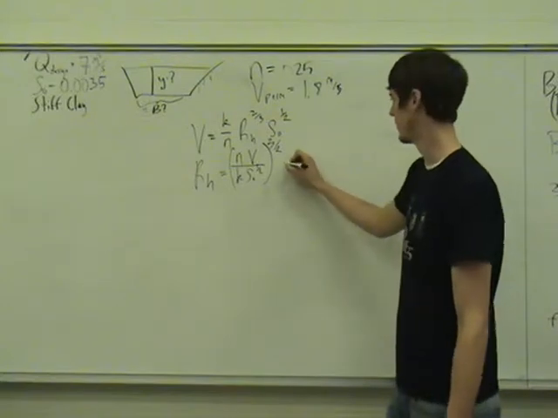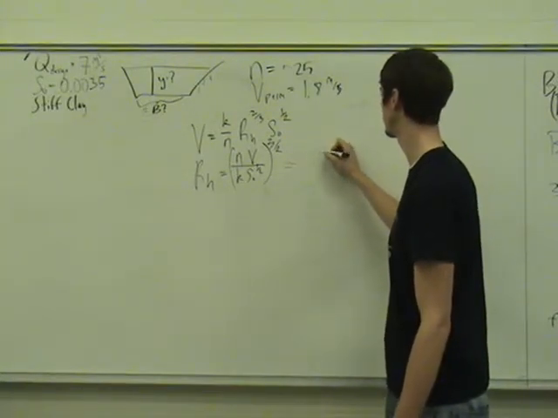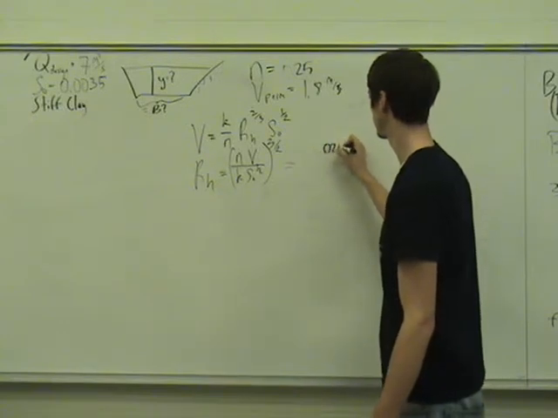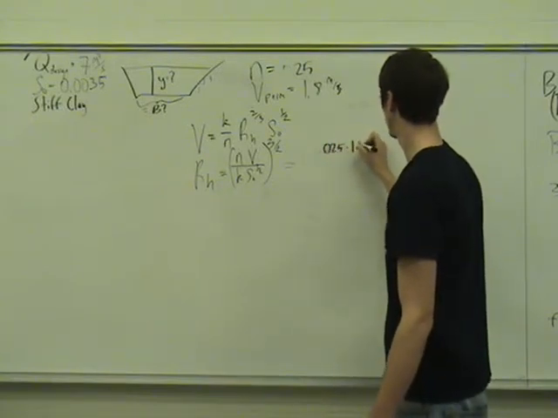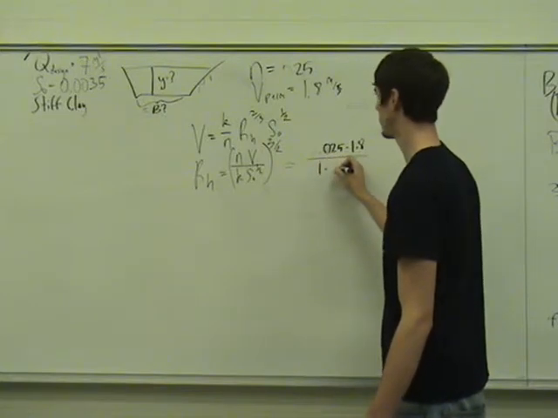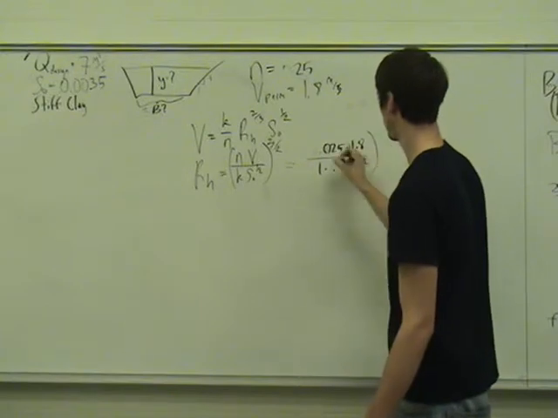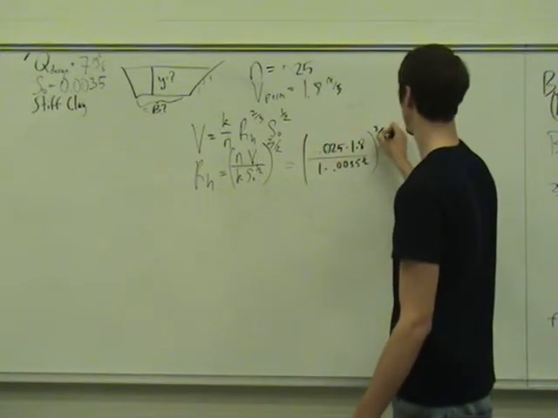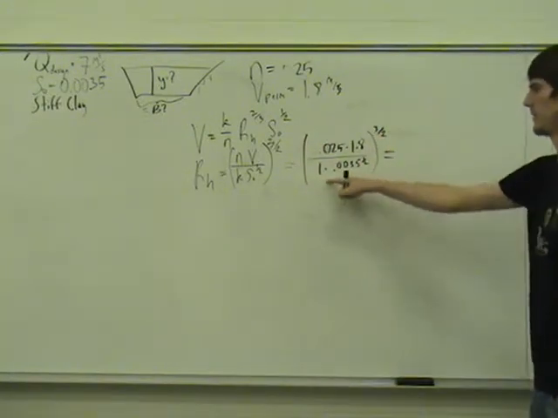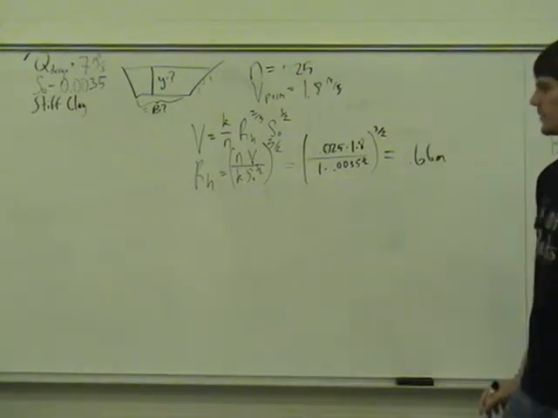And so we can calculate the hydraulic radius. And as you calculate this, you'll find that the hydraulic radius is equal to 0.66 meters.